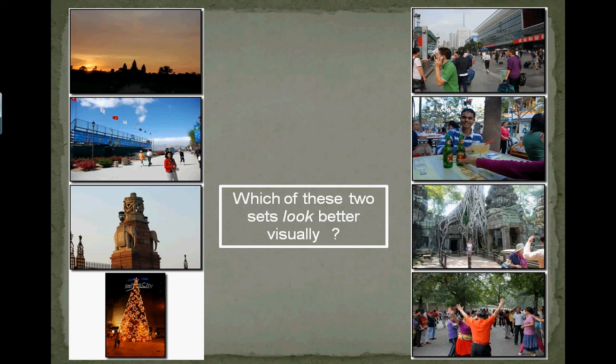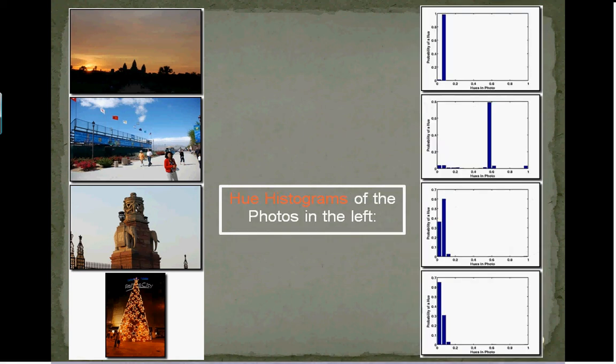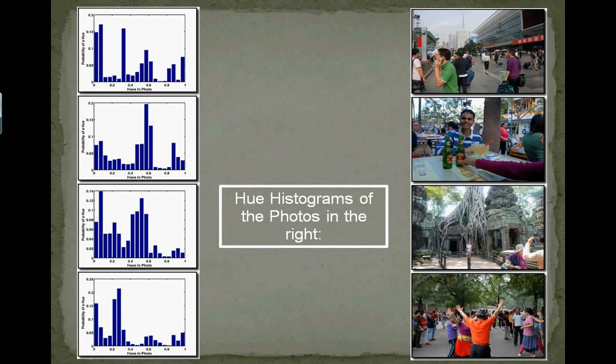However, they tend to like photos with few distinct colors rather than lots of colors garbled together. As shown in the histogram on the right, the set of photos on the left have only few distinct colors, while the set of photos on the right have many colors jumbled together. People seem to like the previous set of photos.